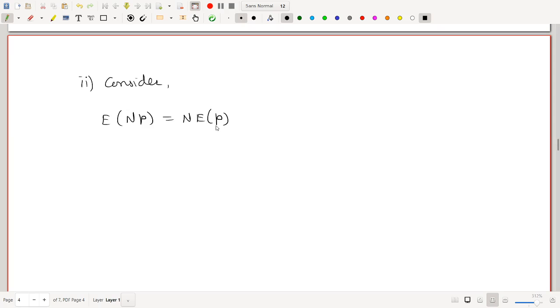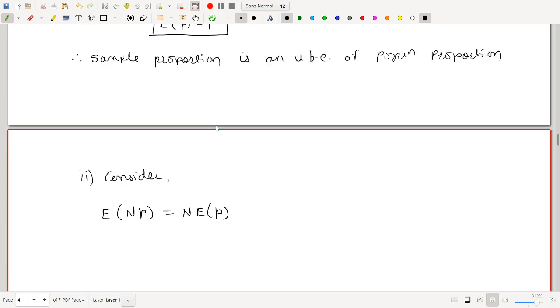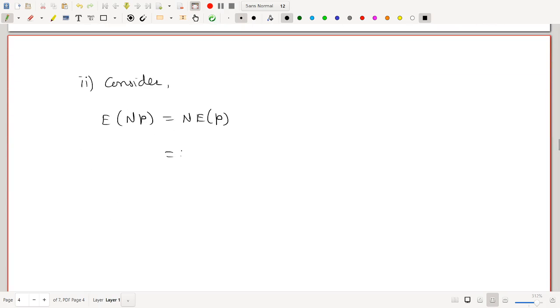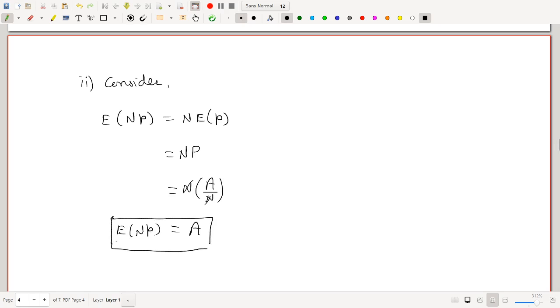And just now we proved expected value of small p is capital P. So this is N into capital P. You know capital P is actually A by N. So N gets cancelled, and this will be capital A. So expected value of N into small p is capital A. This means therefore N into p is an unbiased estimator of population total. Population total is actually capital A.